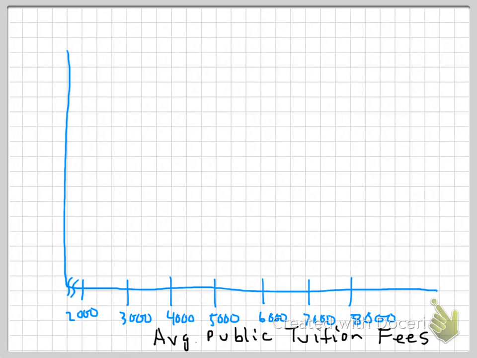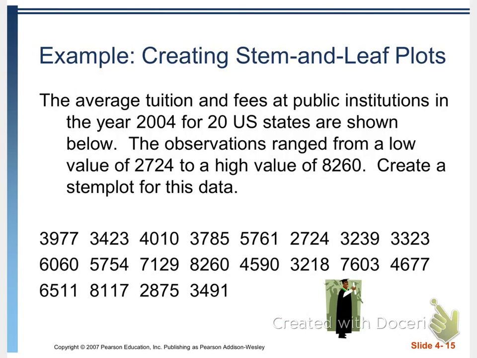In other words, if I look at the thousands place and go back to the data, they said the lowest was 2,754.